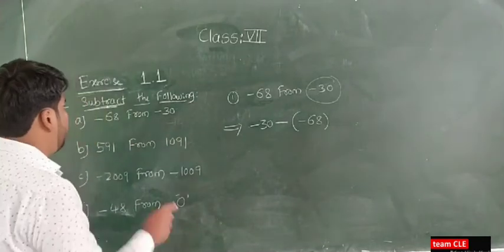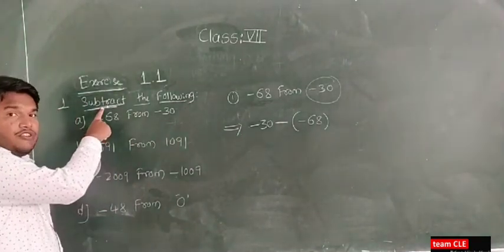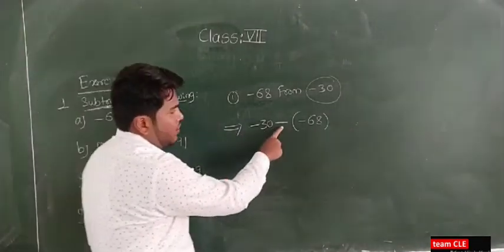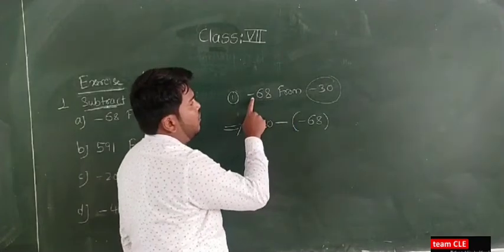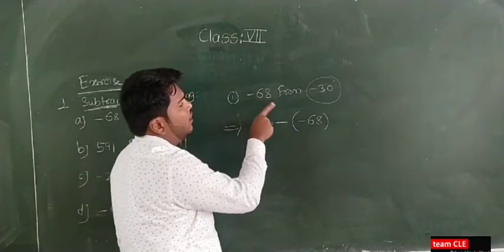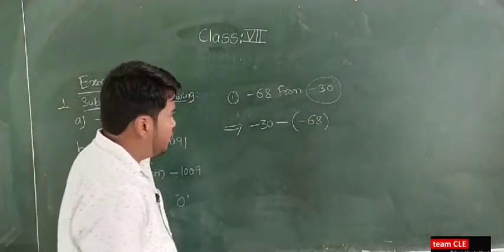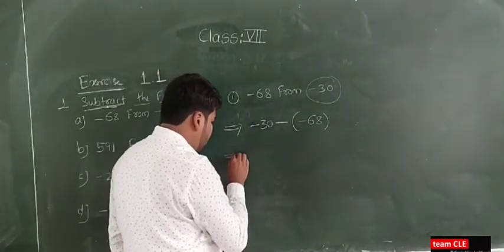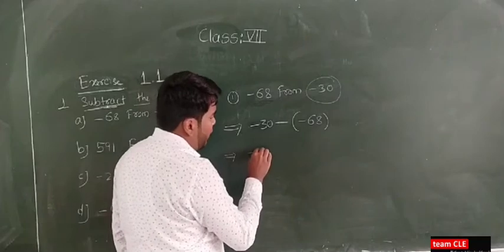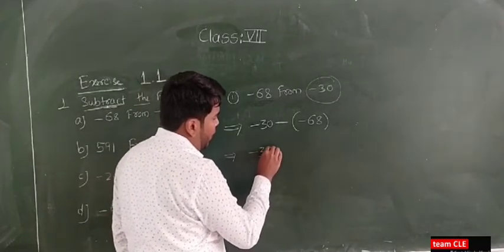Next, second step, write the operation, subtraction. Then, in the bracket, you write minus of minus 68. Now minus 30 as it is.